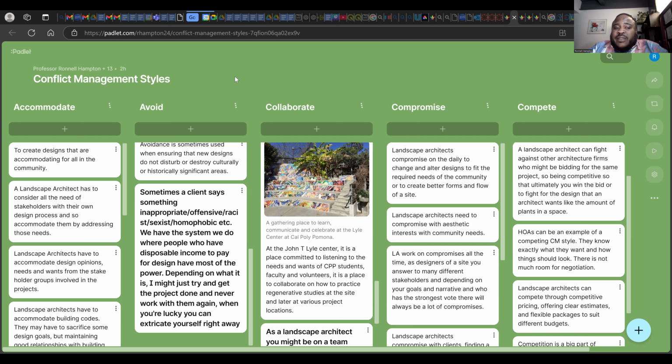Let's say your WATNA is, I do not allow any inappropriate, offensive, racist, sexist, homophobic language or rhetoric. For example, if you have a team and you're trying to keep your team safe, and you have a client who, for whatever reason, is making remarks that can be offensive to people on your team, you don't want to put your team in a situation where they're being traumatized, threatened, or made to feel inferior in any way.